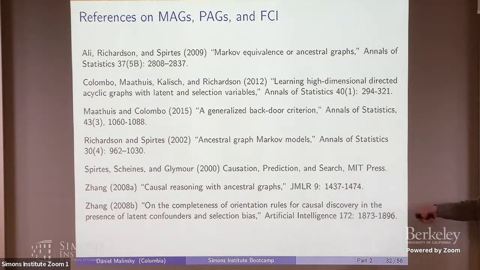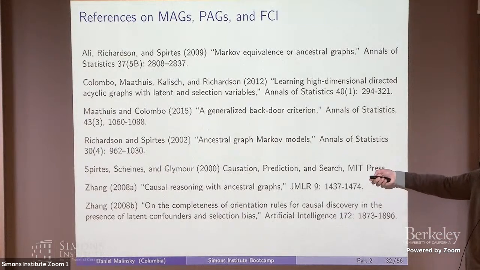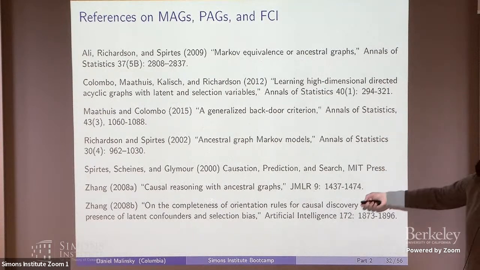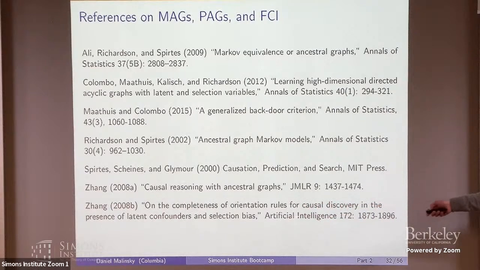And it was reformulated in terms of MAGs and PAGs only later than that, starting with these papers that reference ancestral graph models, Markov equivalence, and in particular this paper by Jiji Zhang on the completeness of FCI when you interpret it in terms of MAGs and PAGs and so forth.